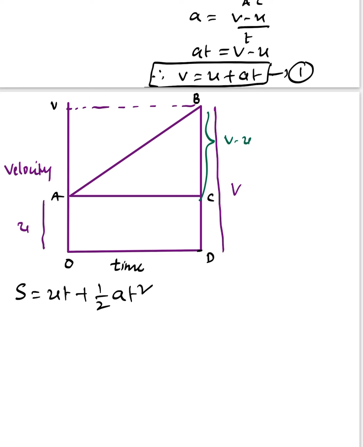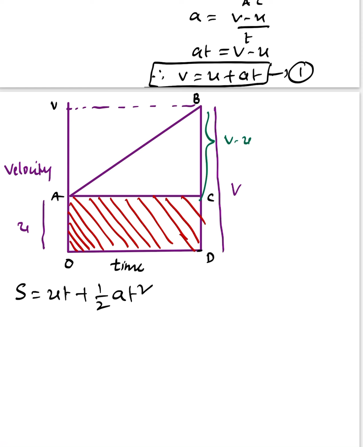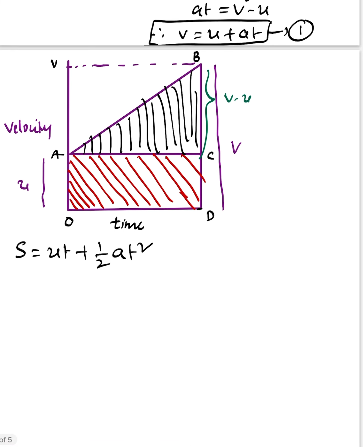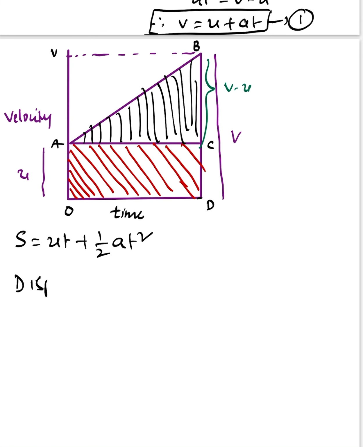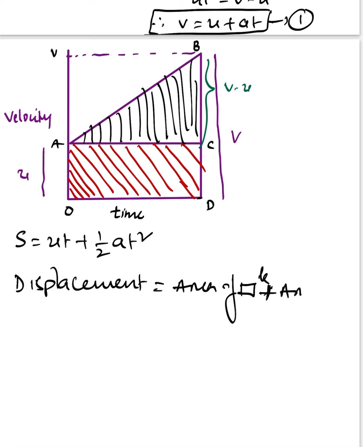Here we can observe two areas. One is the rectangle area, and one more is the triangular area. So we will get the displacement as area of rectangle plus area of triangle.